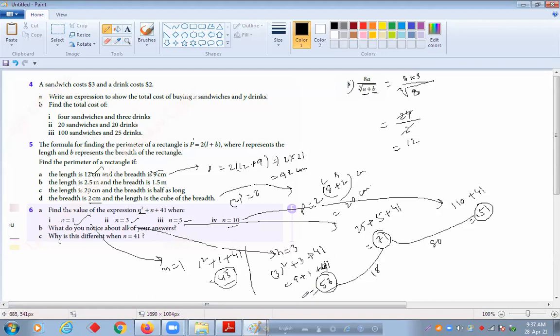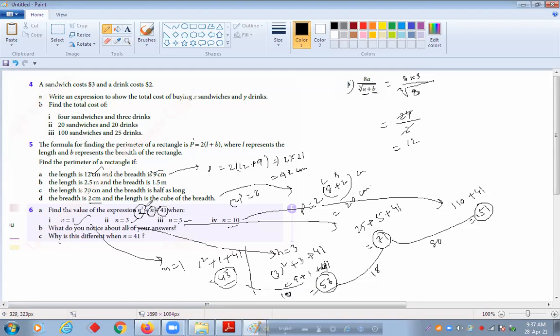And why is it different? Sir, you don't write the difference of 43 and 53. This is 10. Yes. So why is this different when n is equal to 41? When n is 41, that means 41 square plus 41 plus 41.